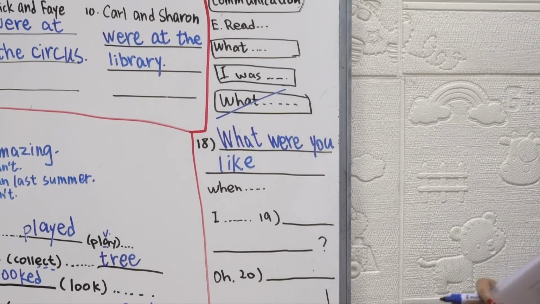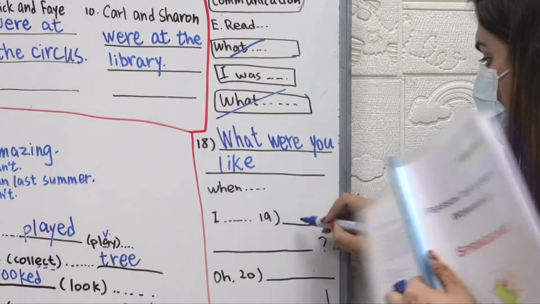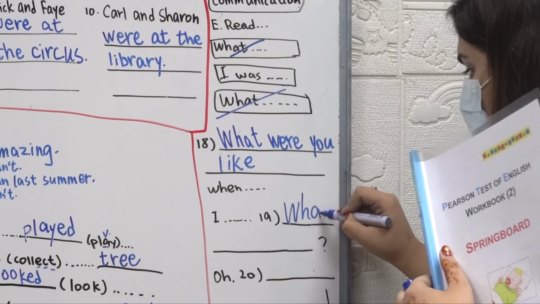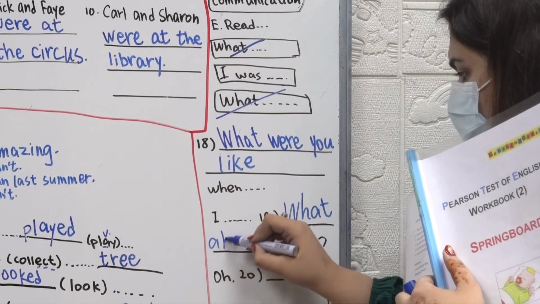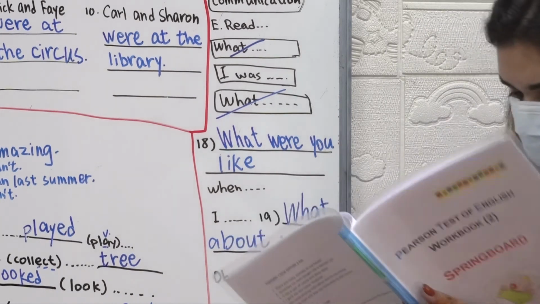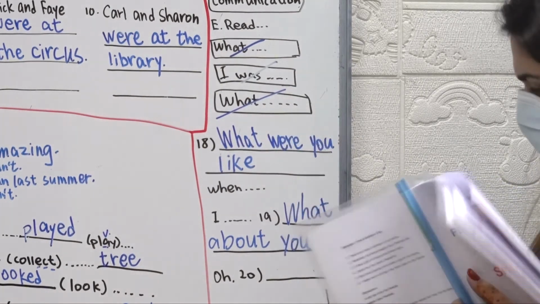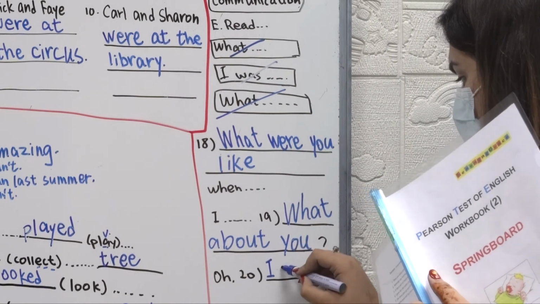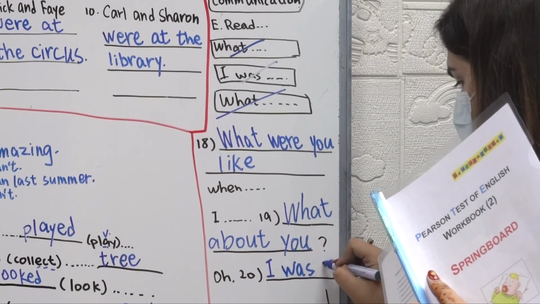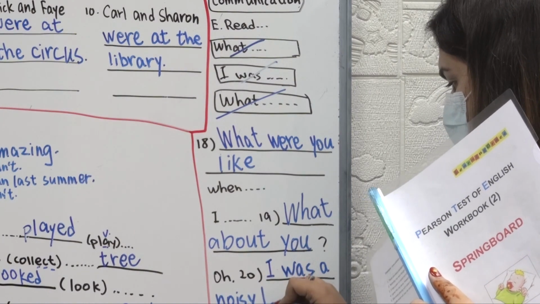Number 19 in front of you is I was a cute baby. That should be what about you? Oh, I was a noisy baby.